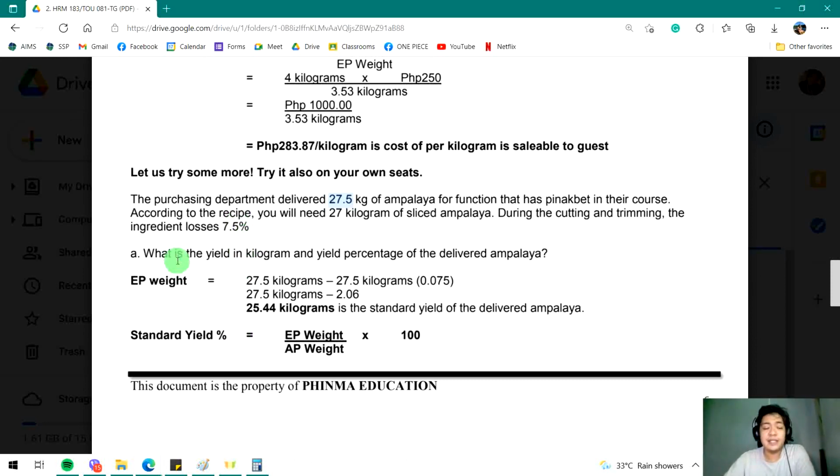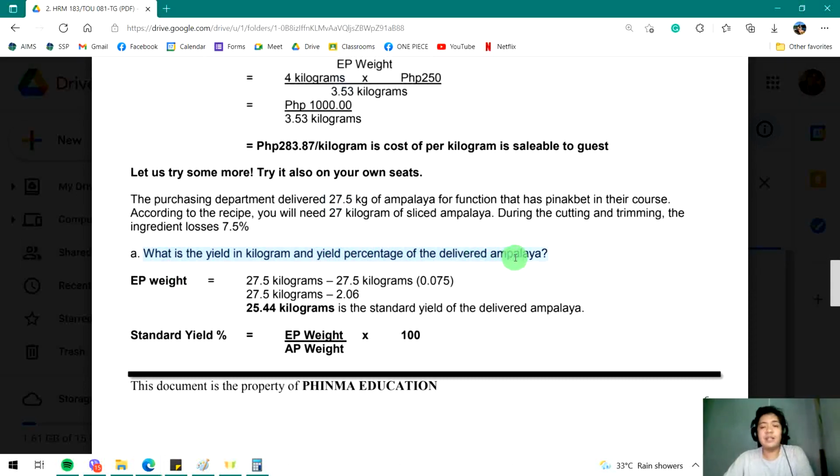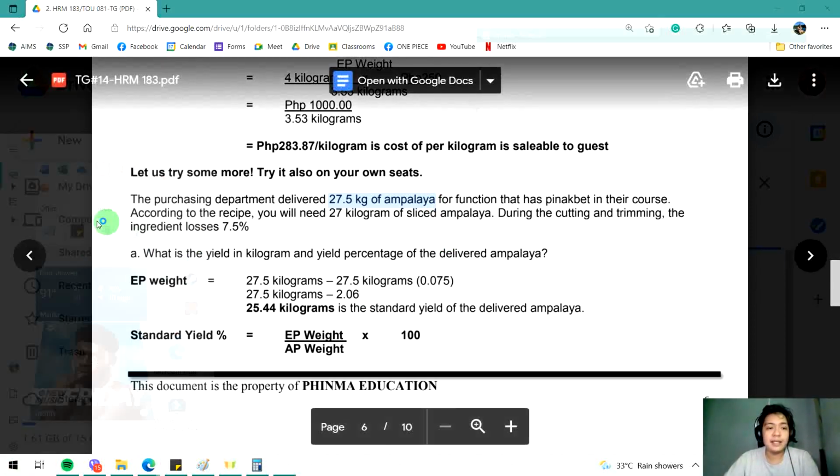The question now is, what is the yield in kilogram and yield percentage of the delivered ampalaya? So, ang given dito is, meron daw binigay sa atin na 27.5 kilograms of ampalaya. Ibig sabihin, 27.5 kilograms ang ating given.